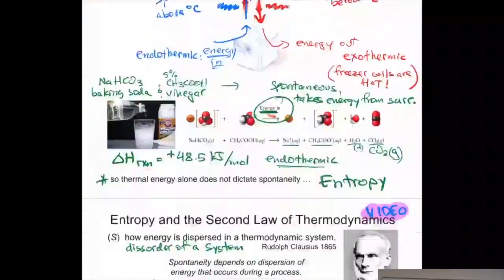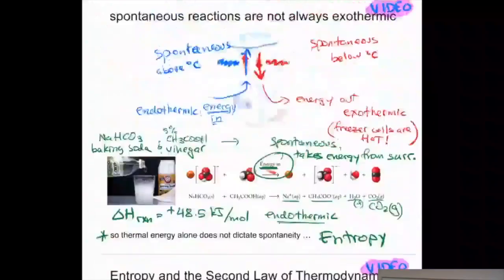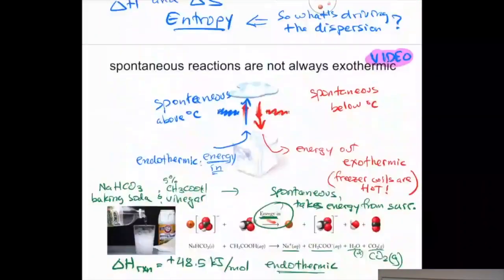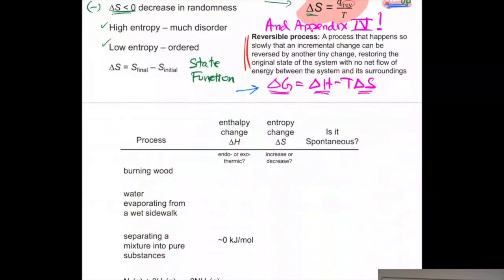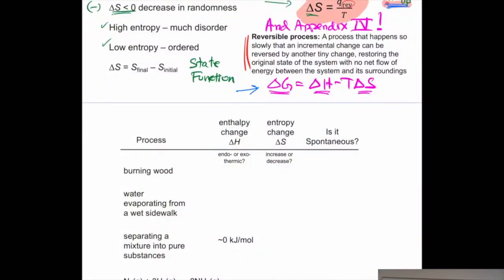I'm skipping all the stuff that you should have watched and taken notes on already. We're going to do this worksheet today, but as we're doing this, I want you to stay focused on the second law of thermodynamics, which states that delta S of the universe is equal to the change in entropy of the system plus the change of entropy of the surroundings.